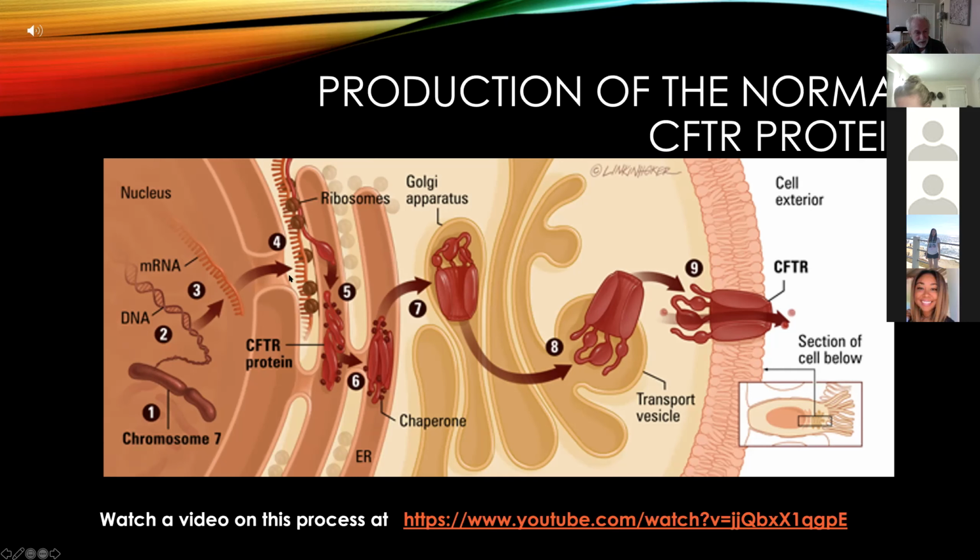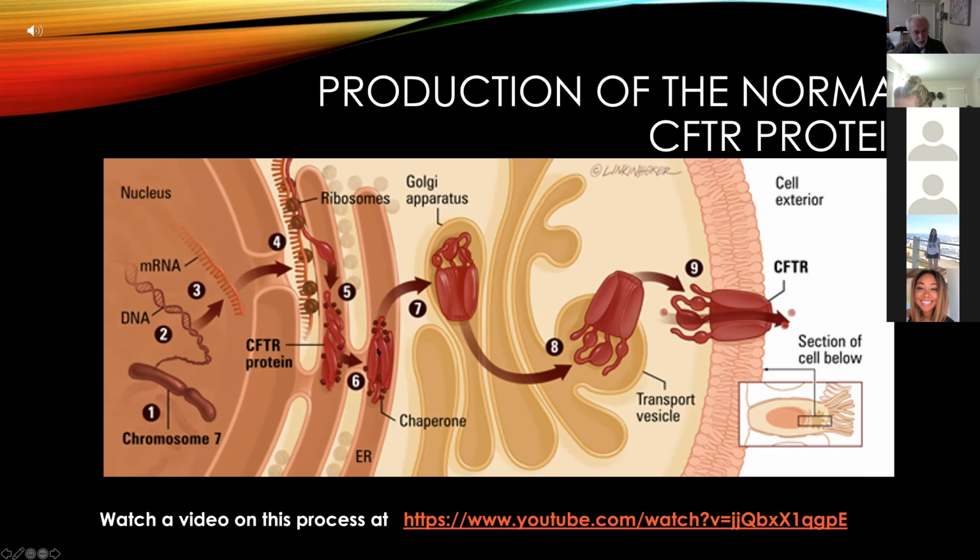And when it does, right outside that pore is the endoplasmic reticulum, ER. The endoplasmic reticulum is where the ribosomes are. So here's where mRNA, tRNA, and ribosomal RNA get together in order to make a polypeptide.